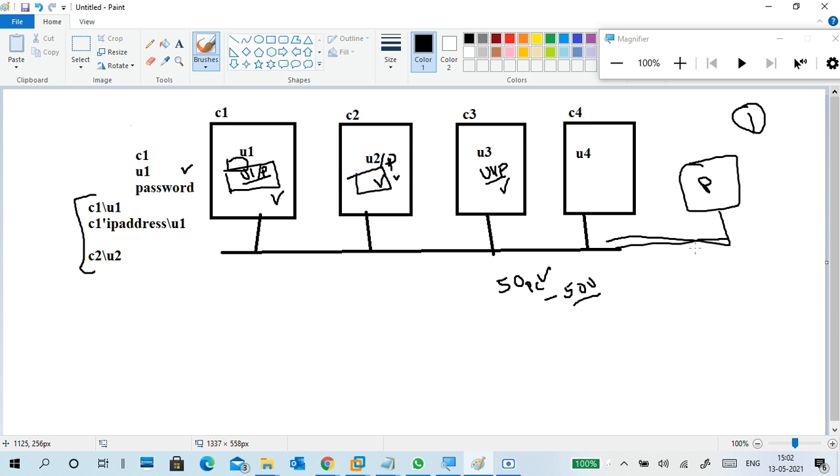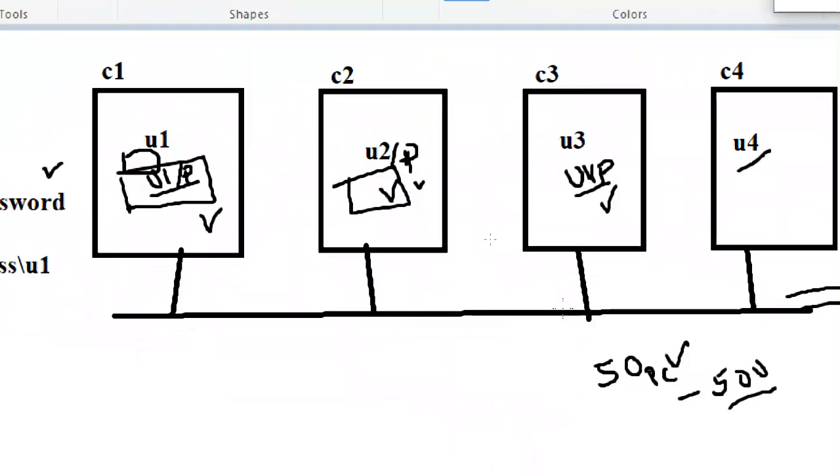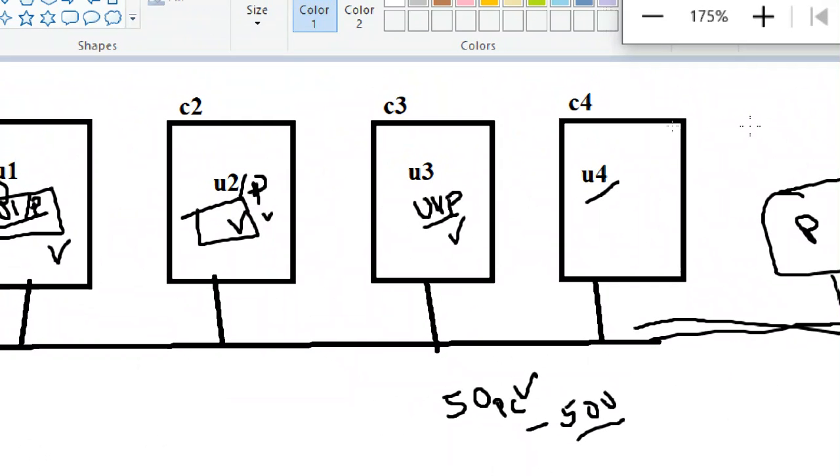Next, a user forgets his password. Sometimes on a particular day issues will occur, right? So that day, what happened? The user forgot his password. What to do? The admin has to go there, or the password is not being accepted even though the user gives it, and he has to verify a lot of things.